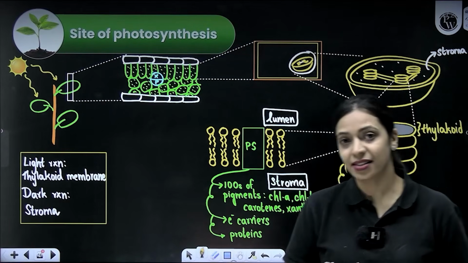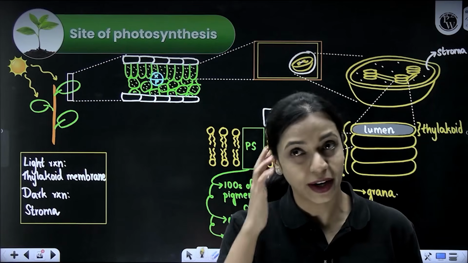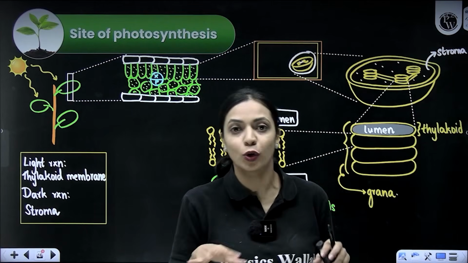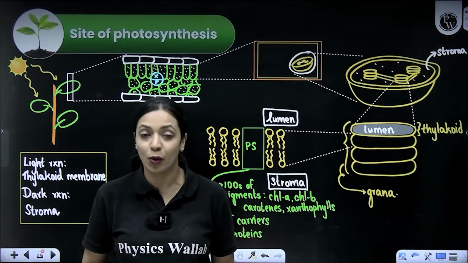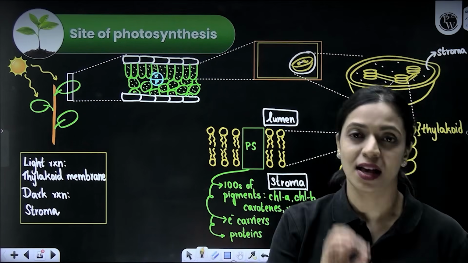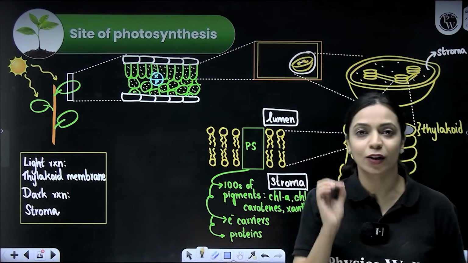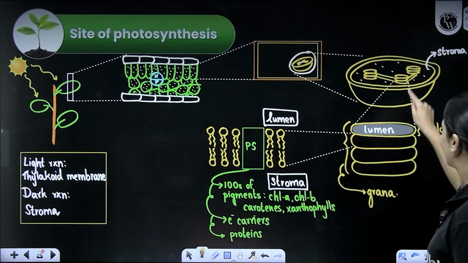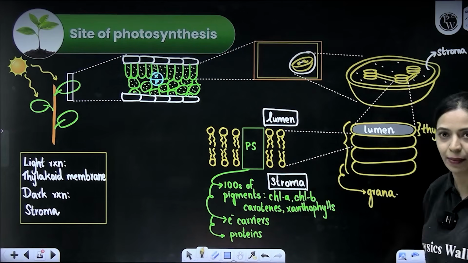So when I say chloroplast contains chlorophyll, where do you visualize chlorophyll to be present? Is it floating inside the stroma? Is it dissolved in the stroma? Where is it located exactly? The pigments that are involved in photosynthesis are located in the thylakoid membranes. Not only in the thylakoid membranes, they are present in the stroma lamellae too.